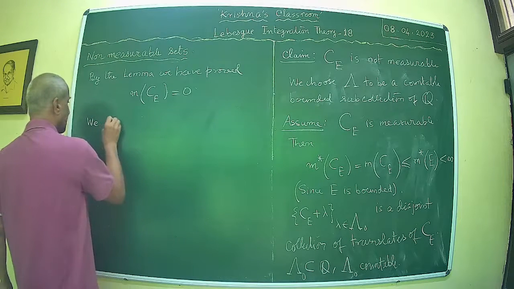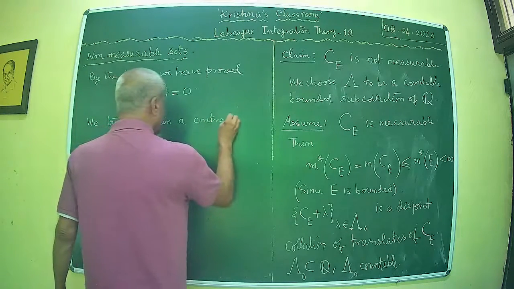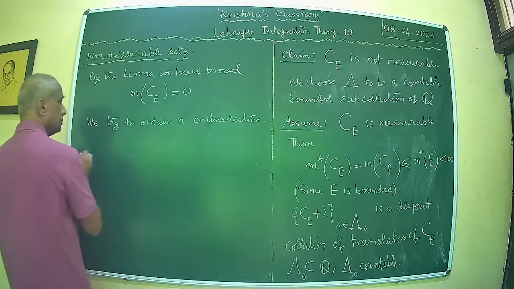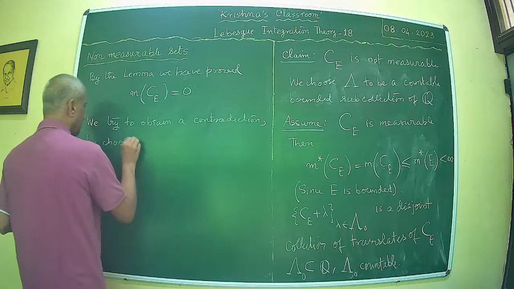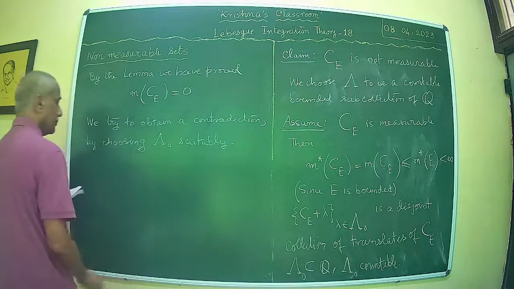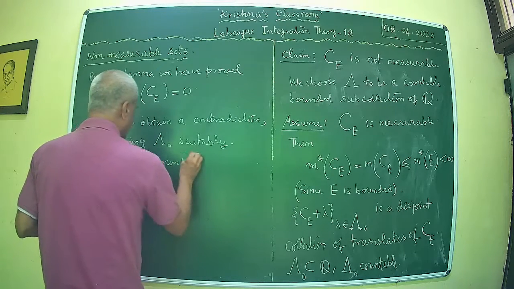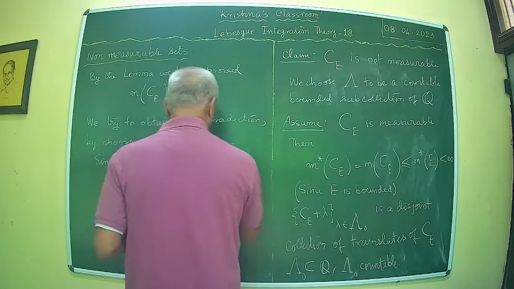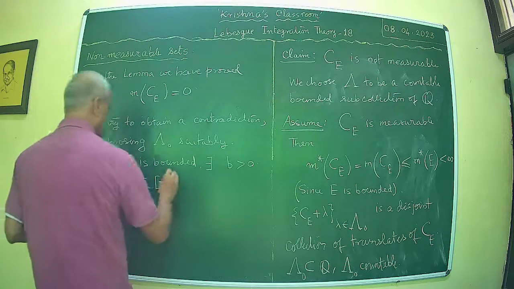We try to obtain a contradiction by choosing, since E is bounded, there exists b positive such that E is contained in the closed interval minus b to b.